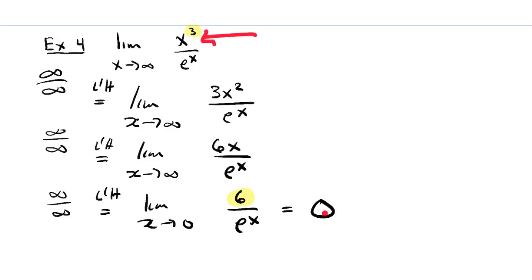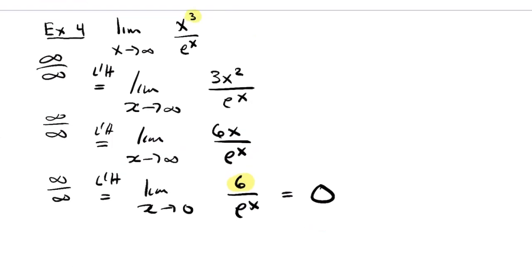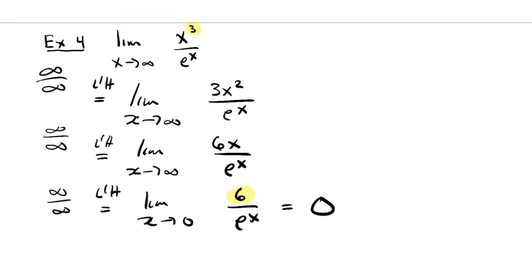If the polynomial had been degree 8, we would have to use L'Hopital's rule 8 times, but we'd still get 0. So if you take any polynomial over e to the x, the limit as x goes to infinity of that ratio is going to be 0 for the same reason. Yeah, exponential functions grow faster.